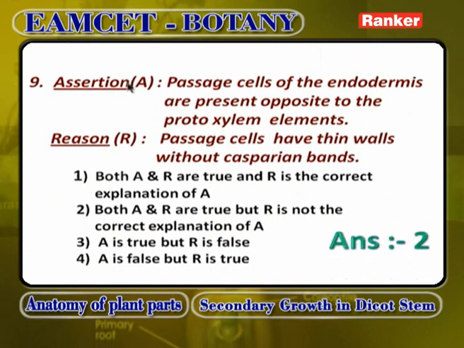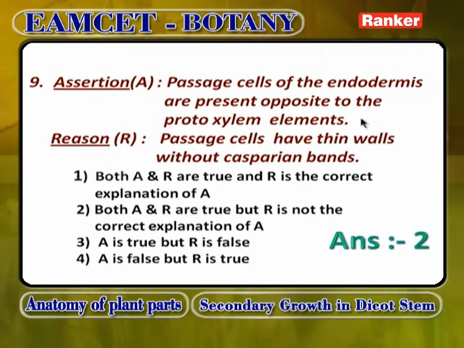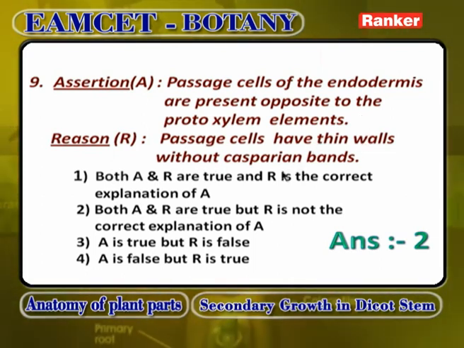This is an assertion reason. Passage cells of the endodermis are present opposite to the protoxylem elements. Passage cells have thin walls without Casparian bands. The assertion is correct.